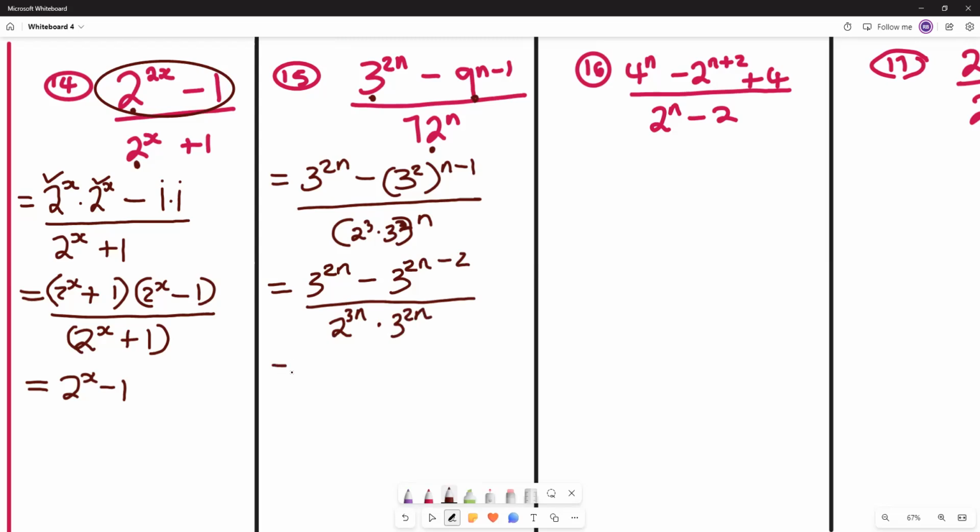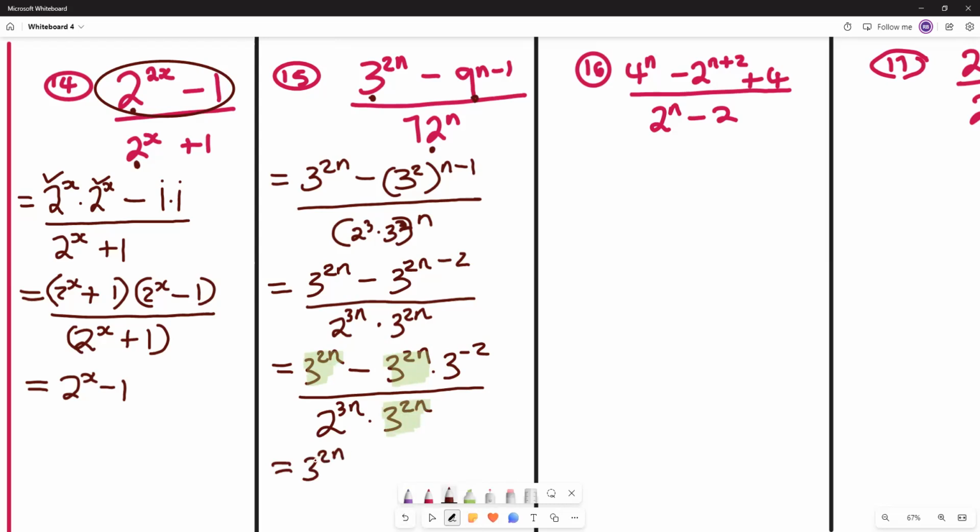Right. And then you can split now. So it's 3 to the power 2n minus 3 to the power 2n dot 3 to the power minus 2, all over 2 to the power 3n dot 3 to the power 2n. Then remember, after splitting, you can highlight. So let me take my highlighter. I'm going to highlight this part and that part, right? So we take out a common factor on top, which is 3 to the power 2n, right?